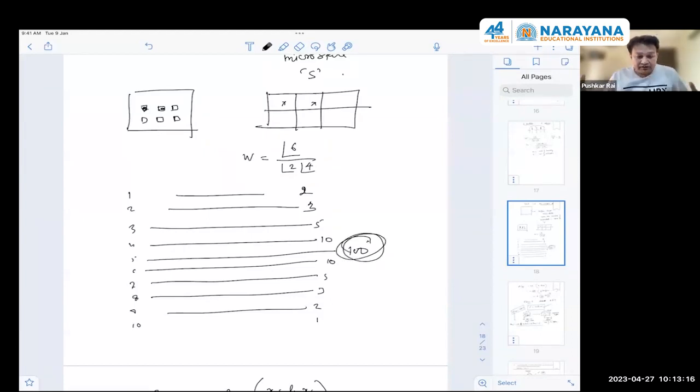The whole world is statistical in nature. Everything is governed by probability, and these are the microstates.